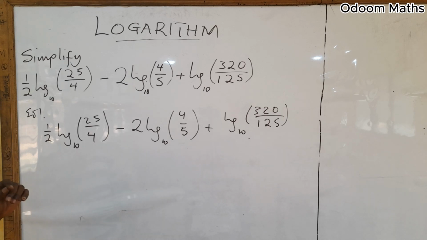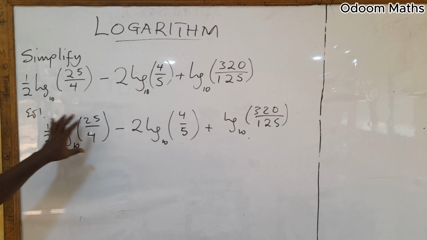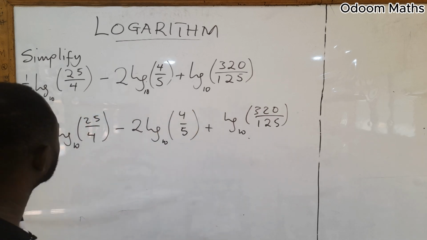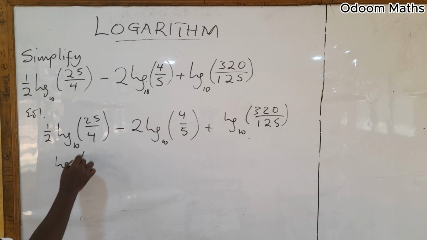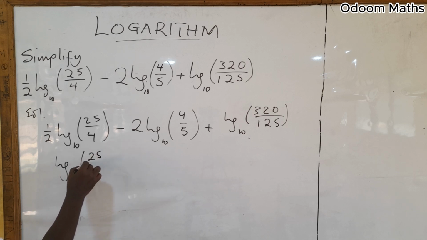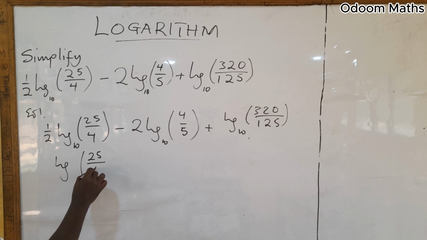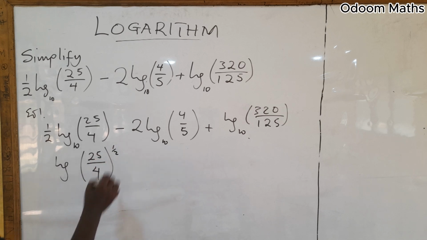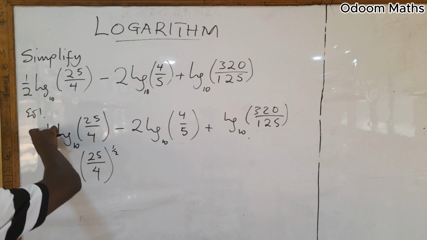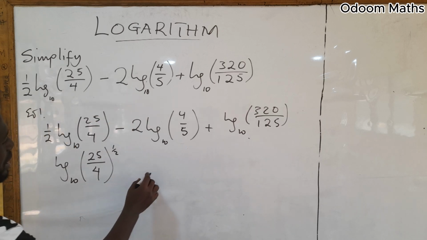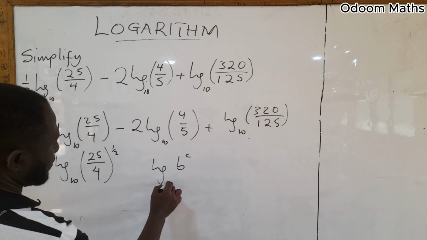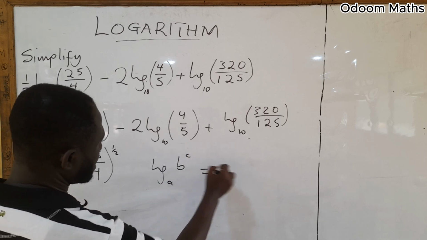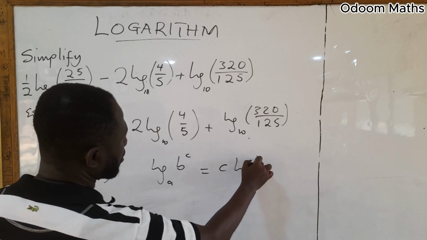Now we can see that here the third law is being applied. The same applies to this one. So we can say this is log into brackets 25 over 4 to the power 1/2 base 10, because this should move here. The third law says that log b with a certain power c having a base of a can be written as c log b base a.